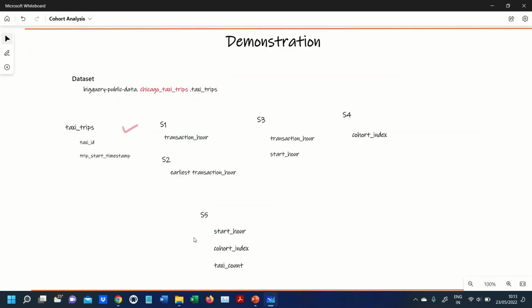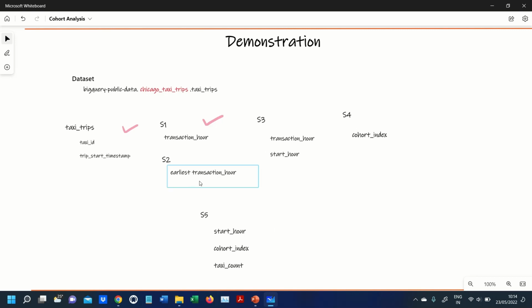So the transaction hour is done. In parallel, let me calculate one more staging table that gets the earliest transaction hour for each taxi, because that is the criterion for us to create the group.